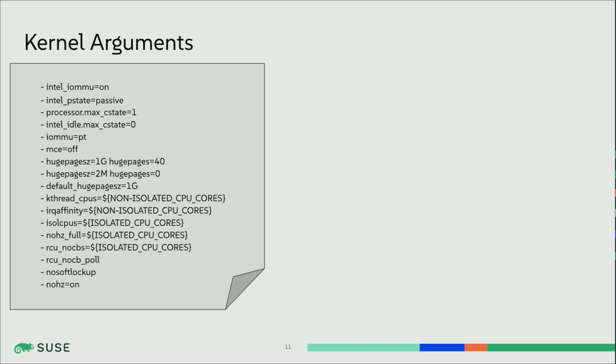This is mostly the first list of kernel arguments that we started working on for SUSE Edge for Telco 3.0. At the beginning, we thought that this was the perfect low latency configuration for our applications. But during the journey through 3.0, 3.1, 3.2, we've been discovering that some of these parameters could be improved.